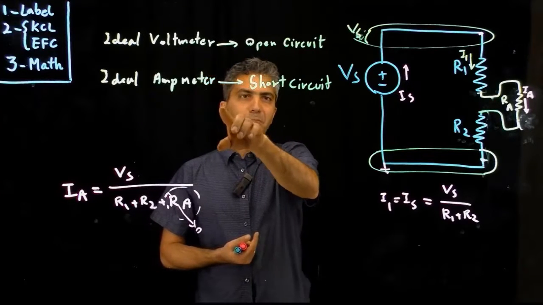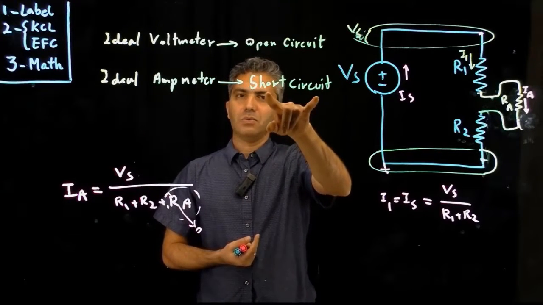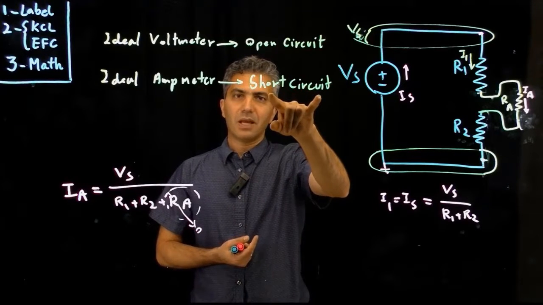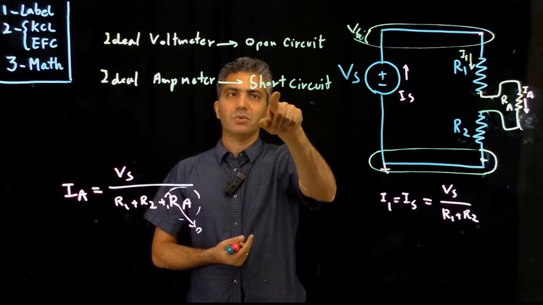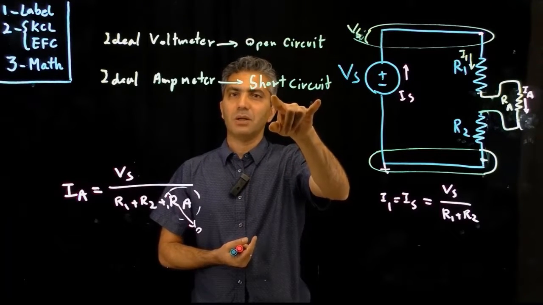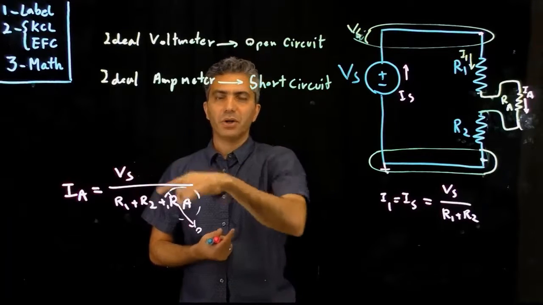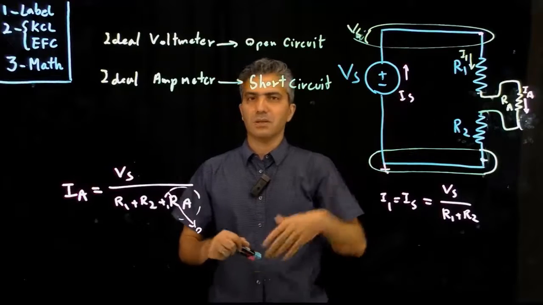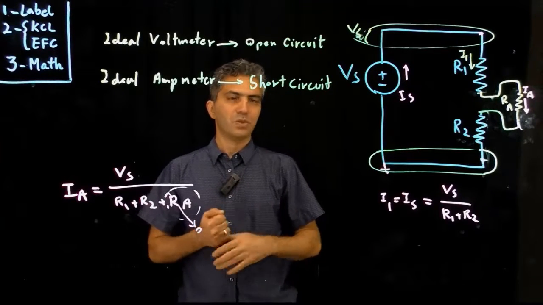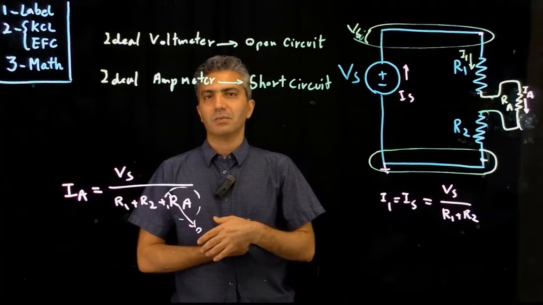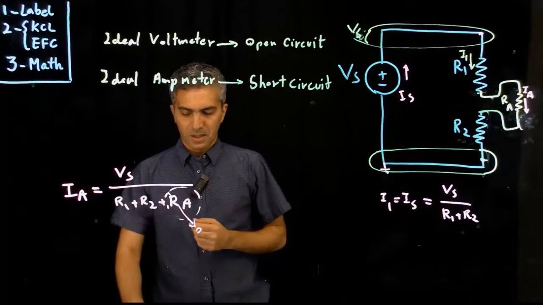With an ideal ammeter, on the other hand, you really want to have a short circuit, but since that's not the case, normally what you want to do is to make sure that the resistance of the ammeter is much smaller compared to the resistors that exist in the circuit, so that the value of the current is not disturbed by the resistance of the ammeter that you add.